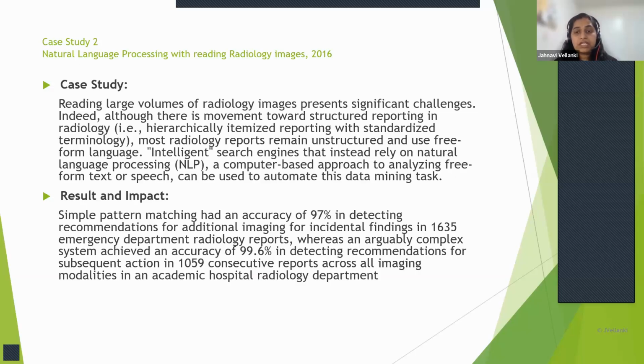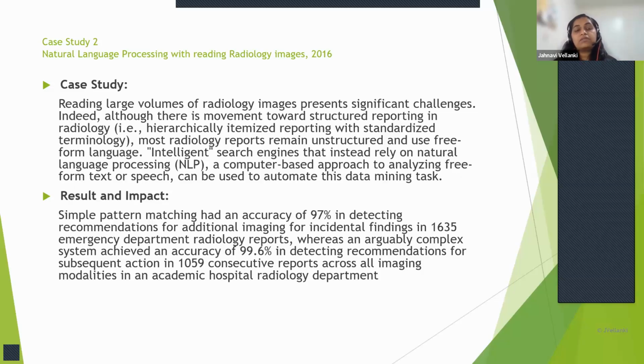And the result of the study is that for a simple pattern, they saw an accuracy of about 97% in detecting and recommending additional imaging for incidental findings with emergency cases. And for a complex system, they saw accuracy up to 99.6% in detecting the recommendations for subsequent actions.